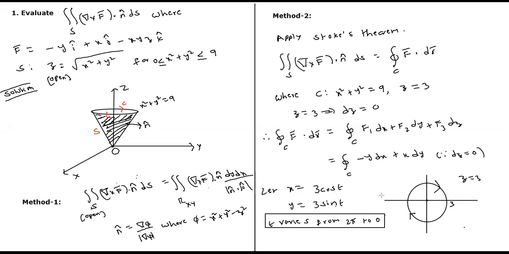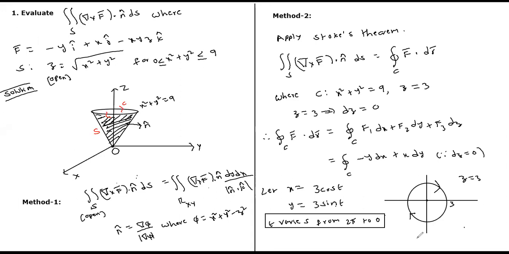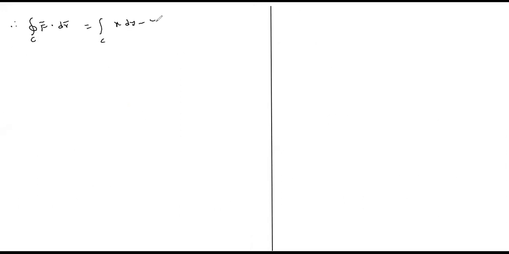Then what is dx? So the integral of f bar dot dr bar over C is equal to the integral over C of x dy minus y dx. What is x? 3 cos t.